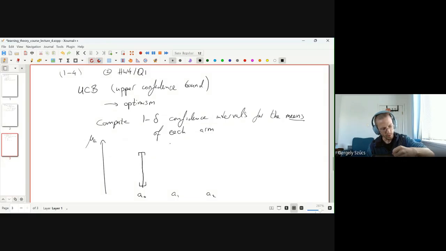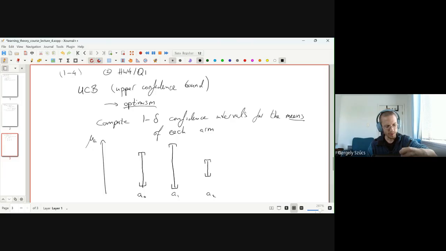So let's say something like this. I guess the width of this confidence interval is going to depend on how many times we pull the arms, as well as the rewards that we observe.